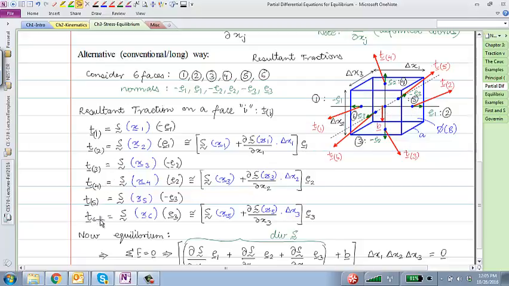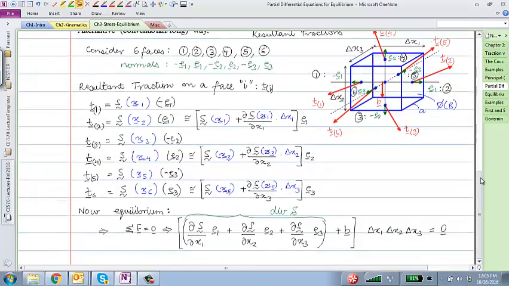Similarly, I'll do that for faces 4 and 6. And if you sum that all up, you'll see that the terms with stress at x1 and minus that will cancel out. What I'll be remaining with would be partial x1 times delta x1, partial x2 delta x2, partial x3 delta x3.